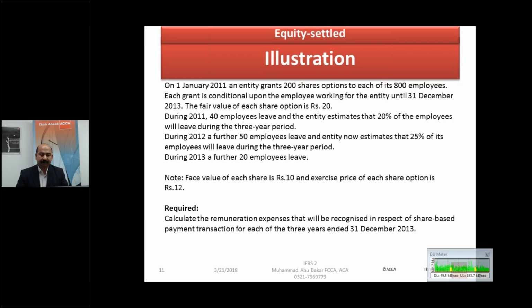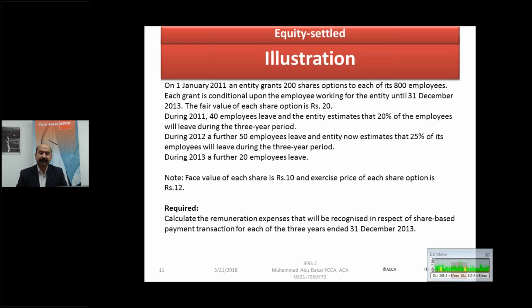During 2011, 40 employees leave and the entity estimates that 20% of the employees will leave during the 3-year period. During 2012, a further 50 employees leave and the entity now estimates that 25% of its employees will leave during the 3-year period.